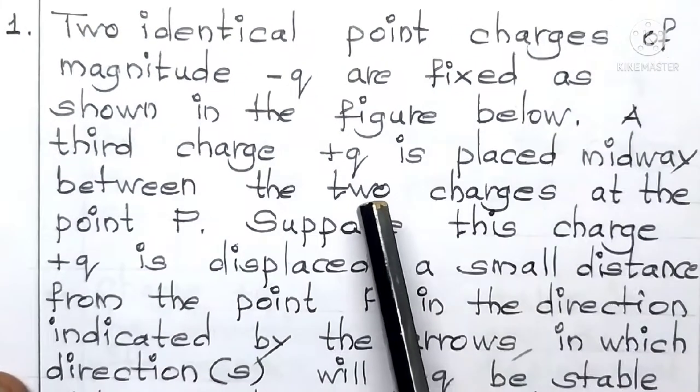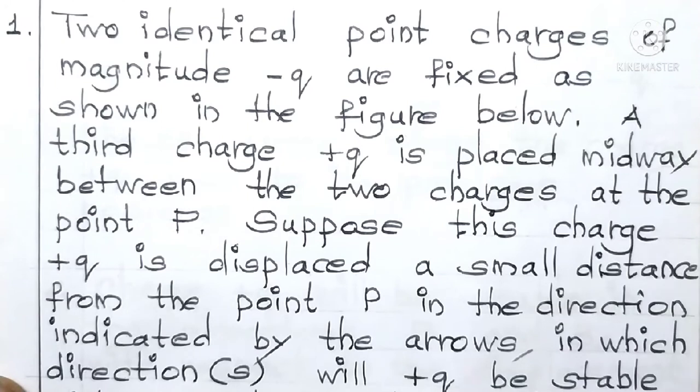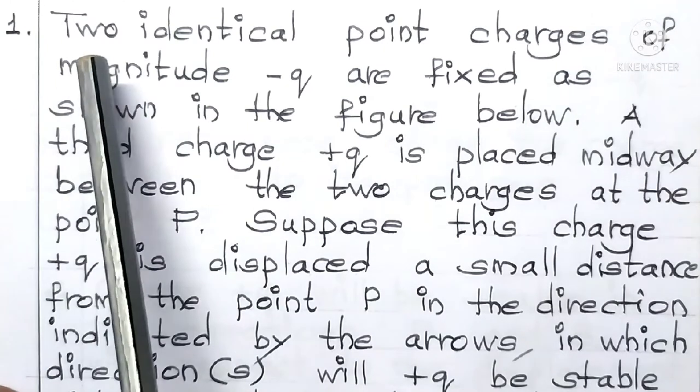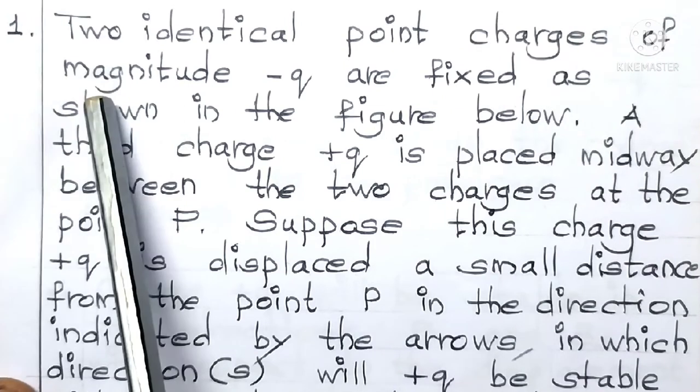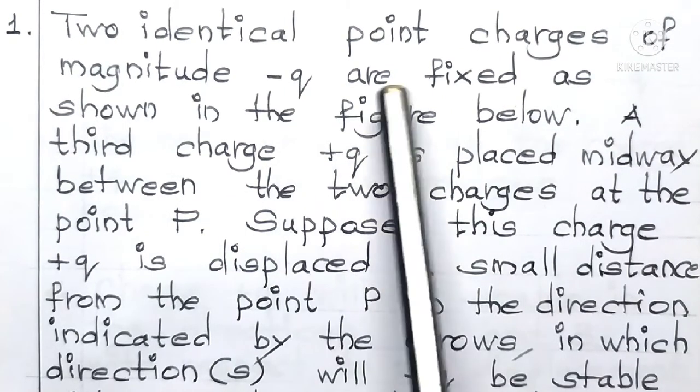Question number 1. Two identical point charges of magnitude minus q are fixed as shown in the figure below.